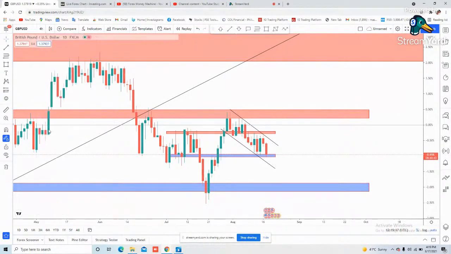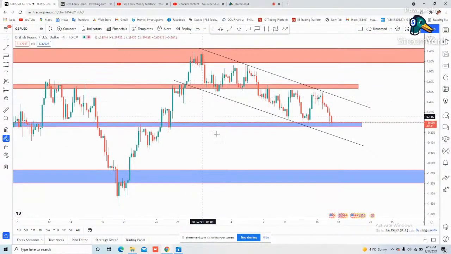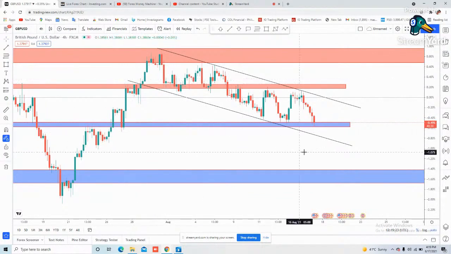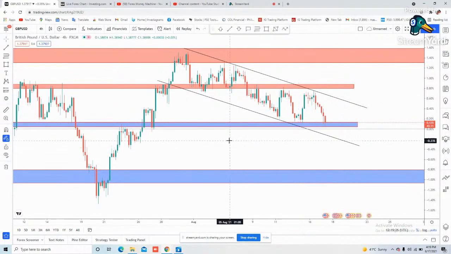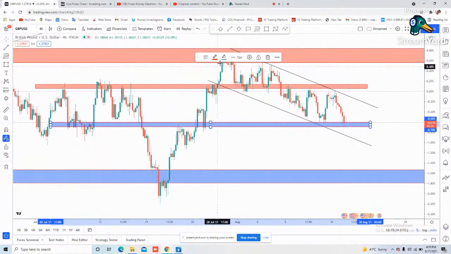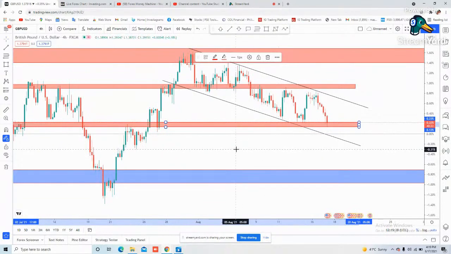Let's check the 4 hours. Yeah, it creates a channel here. Price going to downtrend. Let's see if there's any reaction in the 4 hours time frame. This is going to be the resistance here. Resistance turned to be support.